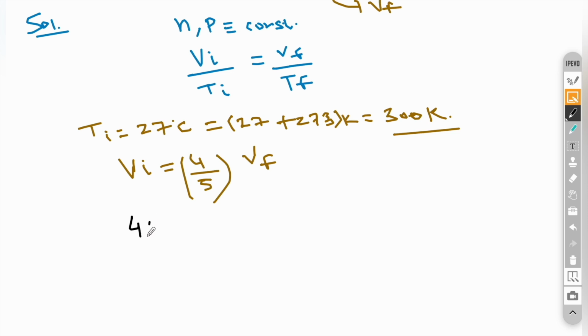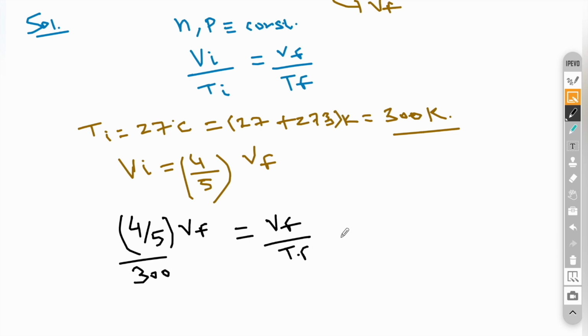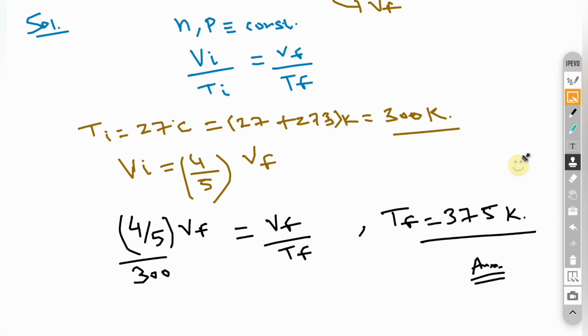Now let's put these values: 4/5 of Vf divided by 300 equals Vf divided by Tf. On solving, we get the value of Tf. It will come out to be 75 multiplied by 5, which is 375 Kelvin. This will be our answer in this case. Hope you understand both of these problems.